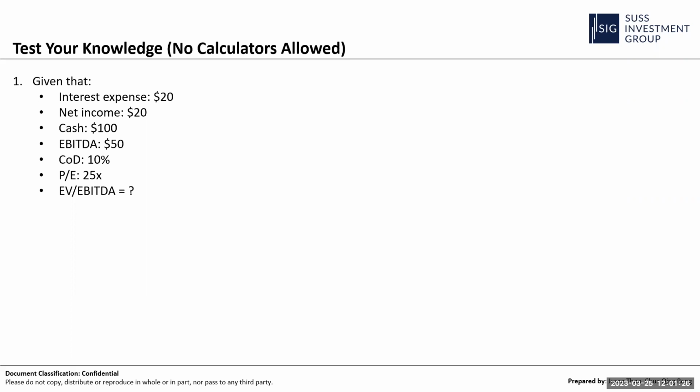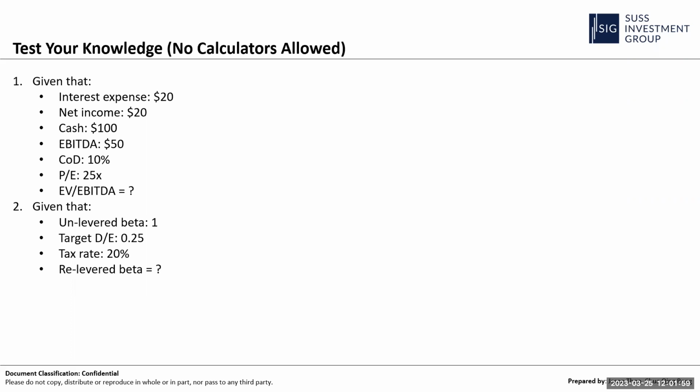Then you just move from equity value to enterprise value, which is basically your net debt. To calculate that, you need to get your amount of debt, because you have 100 bucks of cash. So just calculate your debt to be 200 bucks. You sum it up, and you get your enterprise value and your EV/EBITDA. Anyone got any questions? No. Okay, next question.